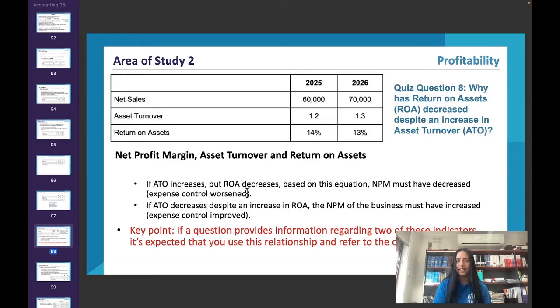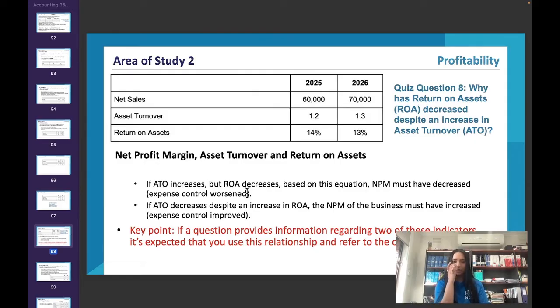If we have the opposite effect, where asset turnover has decreased but return on assets has increased, this means that net profit margin has increased because the business's expense control improved.